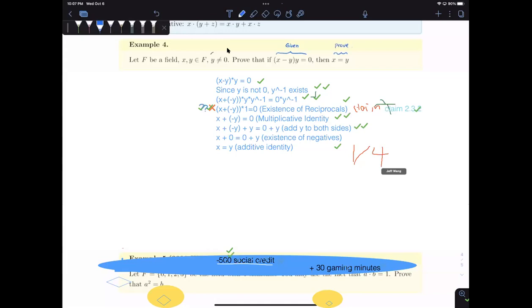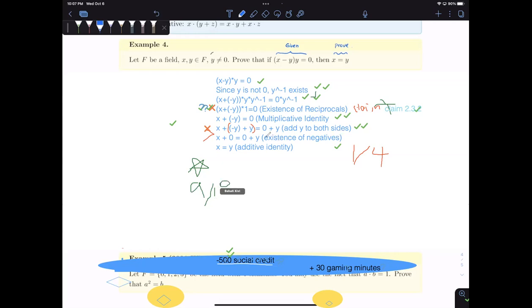So I suggest you add brackets here so you will know you're doing this step first. So you should use associative here. So add one more step, put brackets here, use associativity. It's not wrong, it's just missing something. Come on, let's not be too harsh, okay? And x plus 0 equals to 0 plus y, that's correct. That's the existence of negatives.